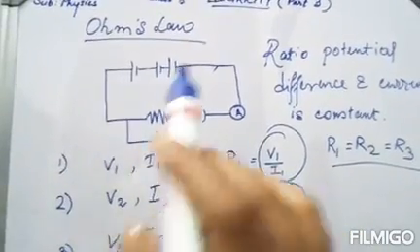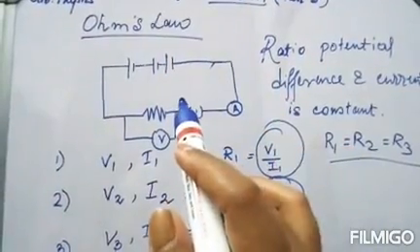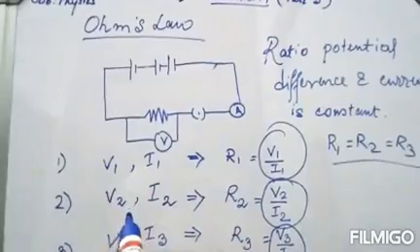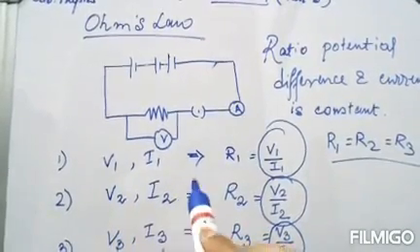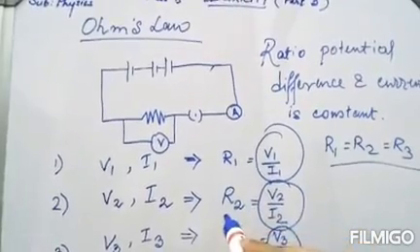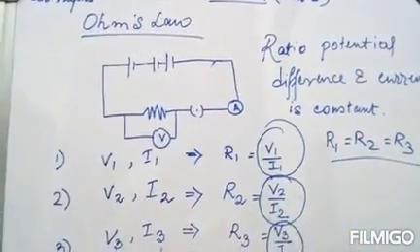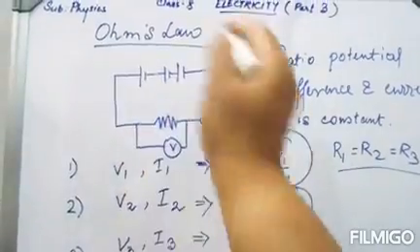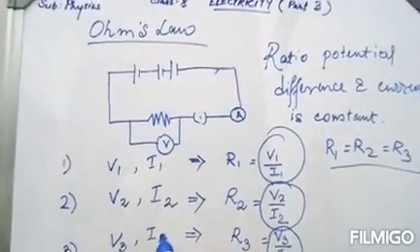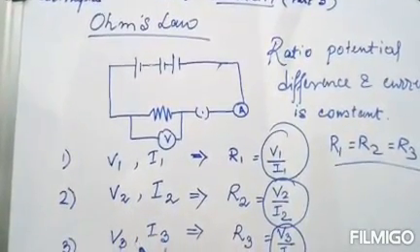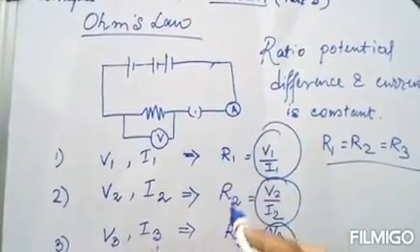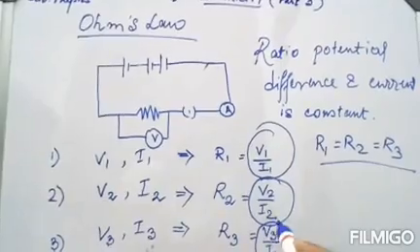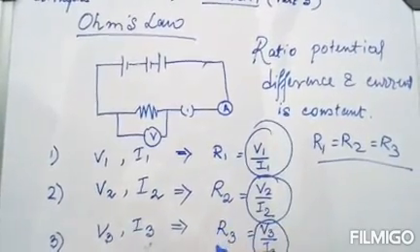In the second case let us increase the number of cells, and let the voltmeter reading be V2 and ammeter reading be I2, and the ratio will be R2, which is equal to V2 by I2. And in the third case let us increase one more cell, and let the voltmeter reading be V3 and I3 be the ammeter reading, and the ratio will be V3 by I3, which is equal to R3.